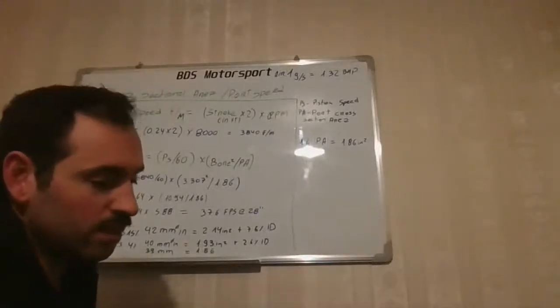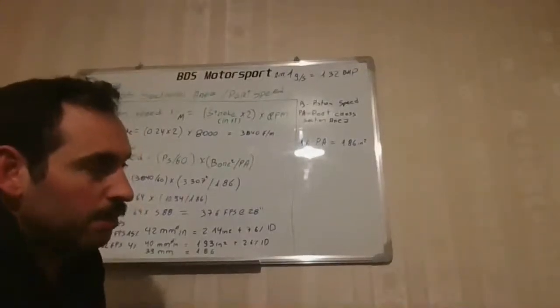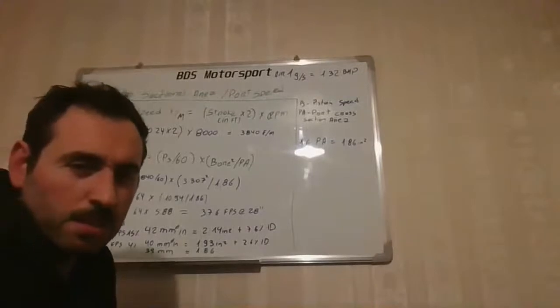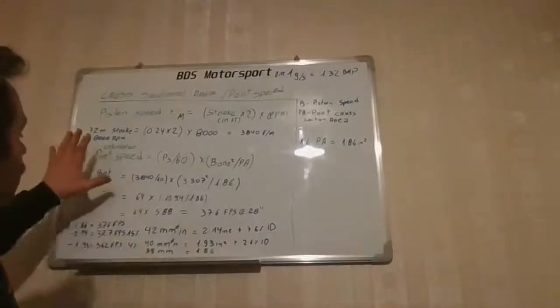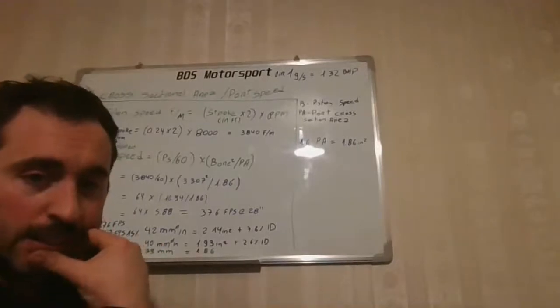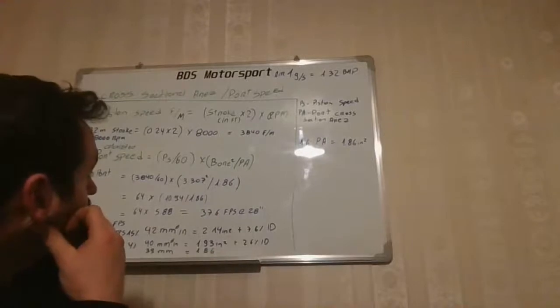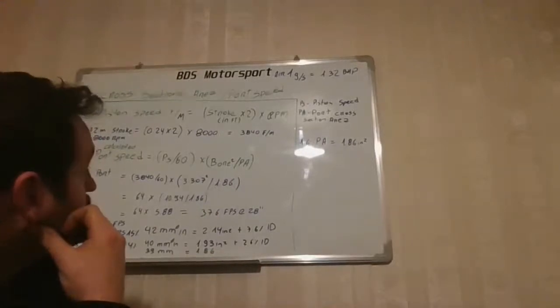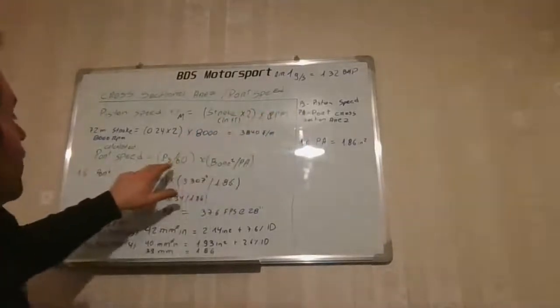Because that was where I would like to see the engine still making decent torque and making the peak power. So we can now start calculating the port speed. To calculate the port speed, we need piston speed, which is PS here.